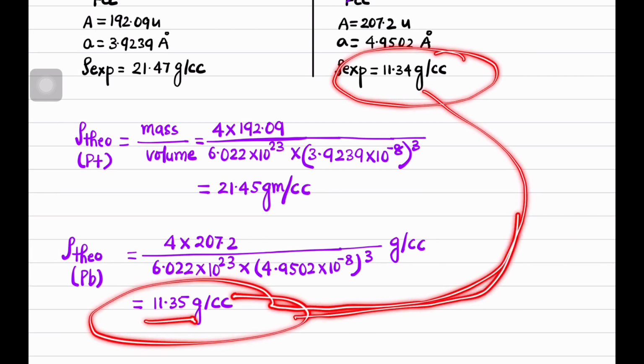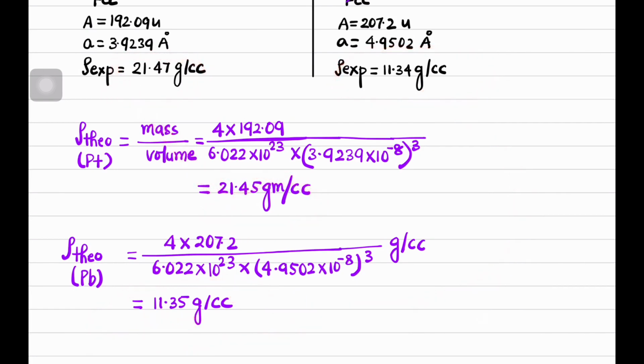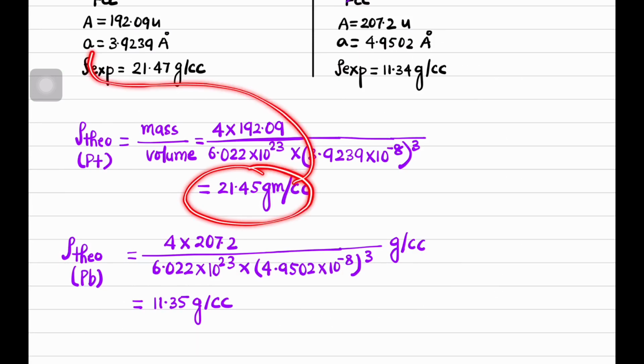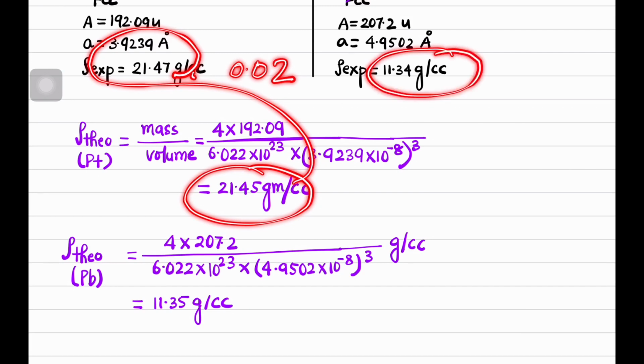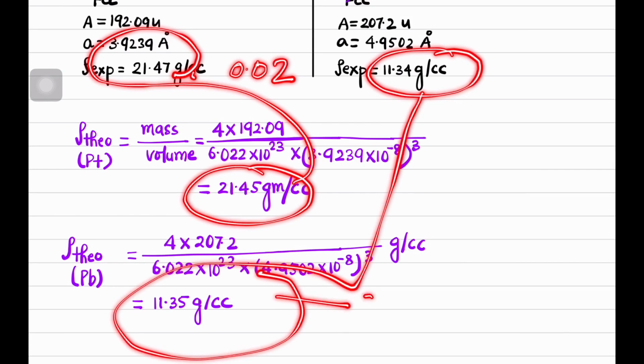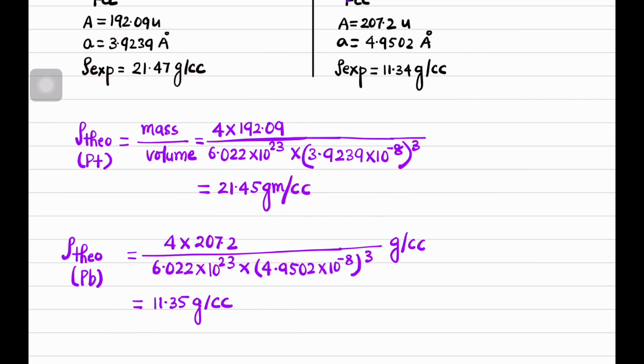So in the case of lead, the density is much closer as compared to platinum, where it is 21.45 and 21.47. The difference is 0.02 there, and in this case the difference is only 0.01. For lead, it is much closer.